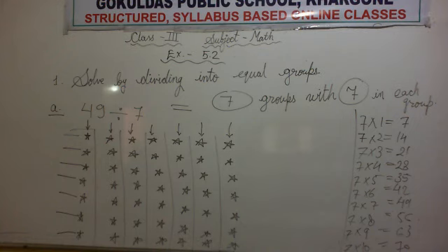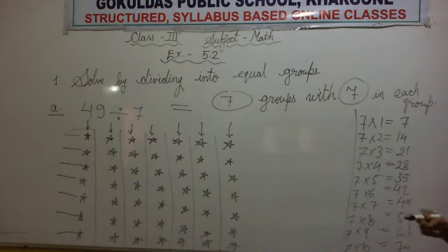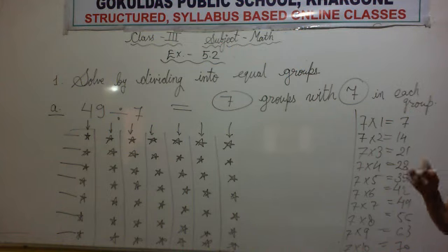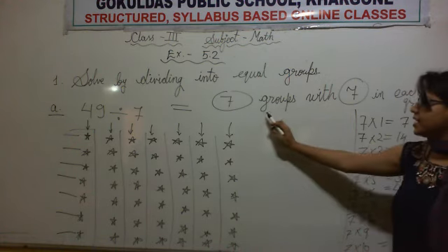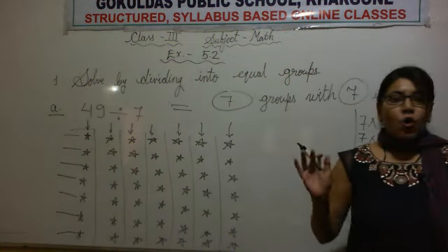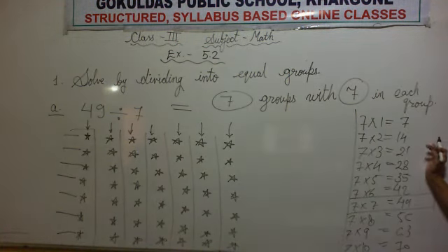So this is the table of 7. Here we got the answer: 7 groups with 7 in each group. 49 divided by 7, so let's find 49 in the table of 7. Here is 49. 7 into 7 is 49, or 7 times 7 is also 49. So this is 7 groups with 7 in each group. Rather than drawing so many things and then dividing, we can do it with the help of the table.